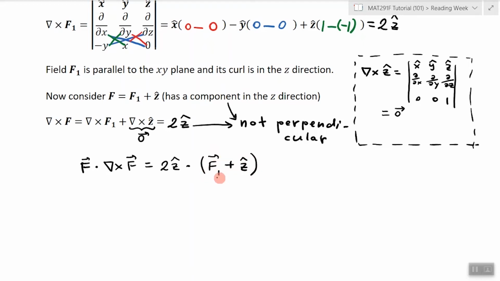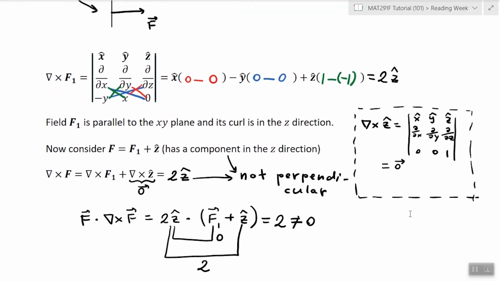We know that F1 is parallel to the xy plane, so this dot product will give us 0. And then this dot product will give us 2. So overall this dot product is 2. So the two vectors, this one and this one, are not perpendicular.